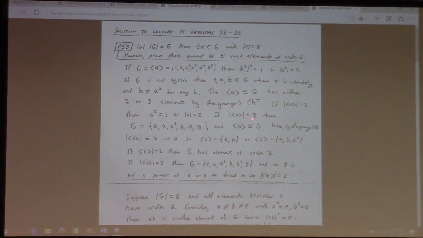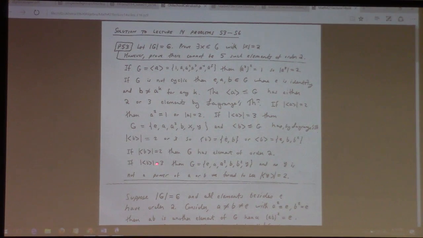If the order of A is 3, then you've got E, A, A squared, B, and then 2 things, X and Y. But since B is also a subgroup of G, it means the order of B is either 2 or 3. So either B is {E, B} or B is {E, B, B squared}. If the order of B is 2, great, done.